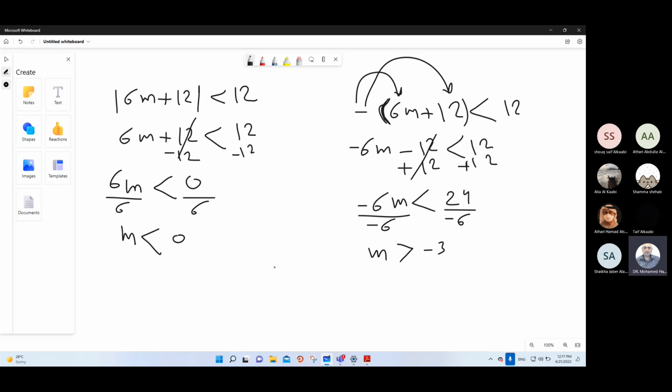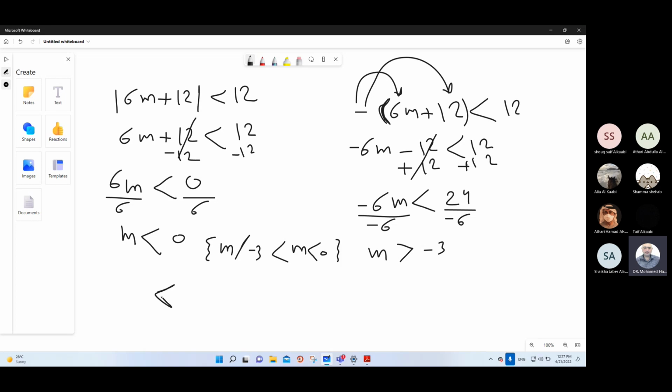So we can write the set of the solution: the variable m such that we have m less than 0 and m greater than -3. So m is between two values, greater than -3 and less than 0.